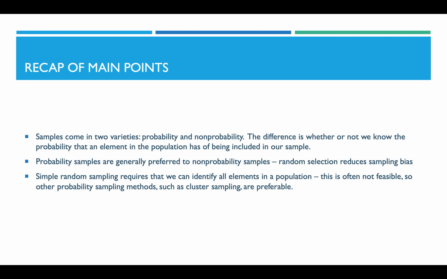Finally, we said that simple random sampling requires that we can identify all elements in a population, and because this is often not feasible, we have to turn to other probability sampling methods, such as cluster sampling or stratified sampling.